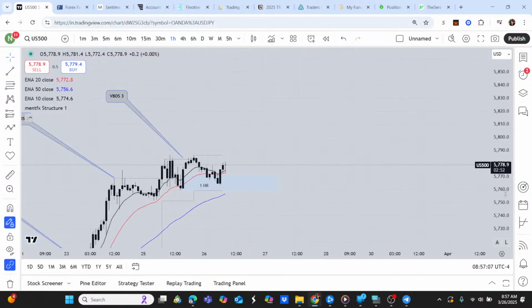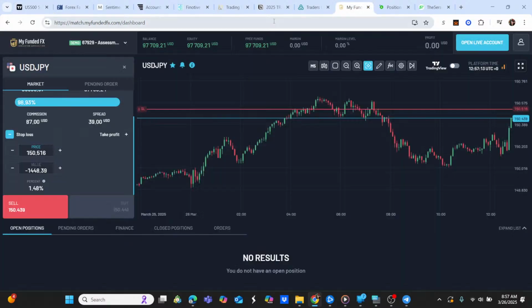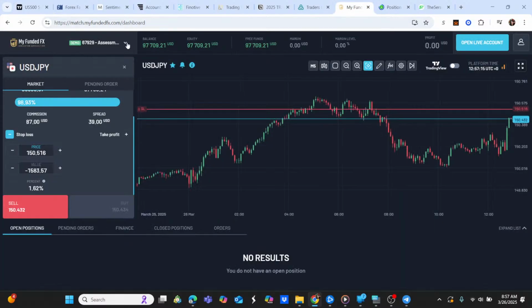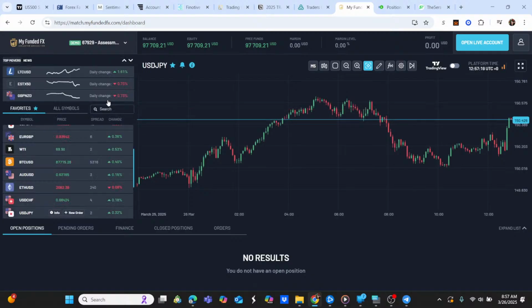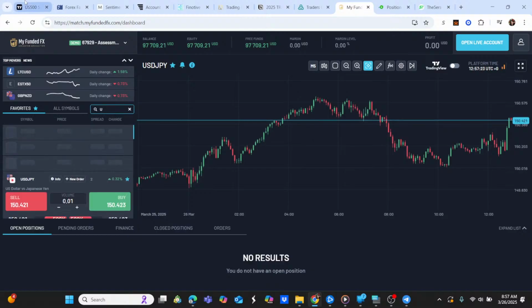US 500 looks clean. I wonder if it. Let me see. I would take this for my challenge. If I have it on here, do I have US 500? Yeah, I don't even have US 500 on here.